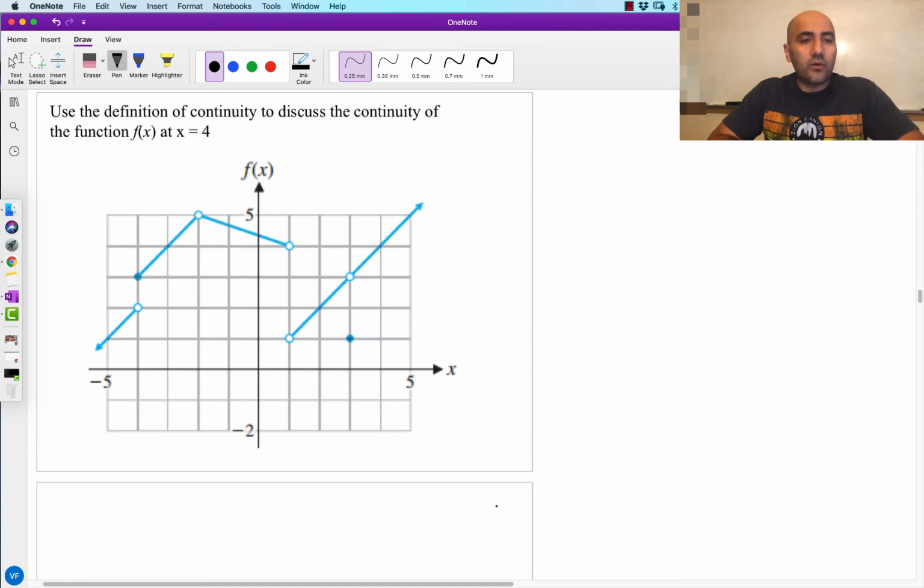Okay, now let's consider what happens around x equals 4. So x equals 4 is right over here. Okay, so at x equals 4, let's look at our limits. As x approaches 4 from the left-hand side, we choose this value, it maps to there, and then maps to there, maps to there, maps to there. Looks like it's steadily but consistently heading toward an output of 4.